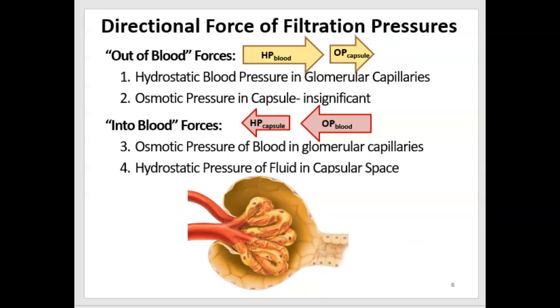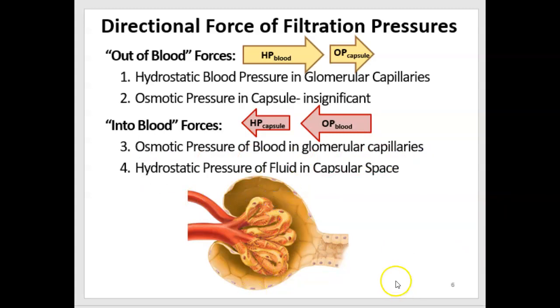But there are 2 forces that keep fluid in the blood. And one is the hydrostatic pressure of fluid in that capsular space. So there's a little bit exerted backwards. And the greatest factor is that the osmotic pressure in the blood is going to draw water back in.